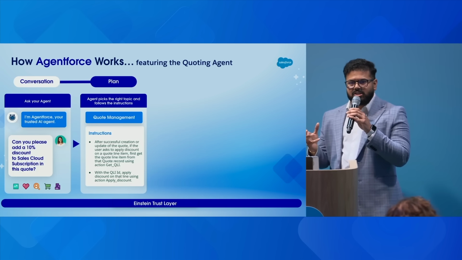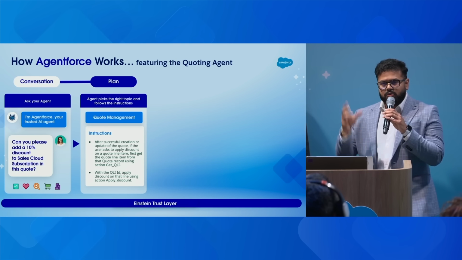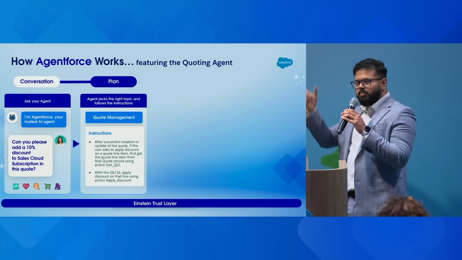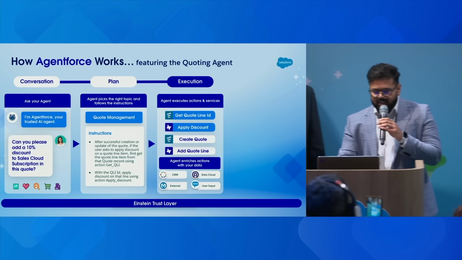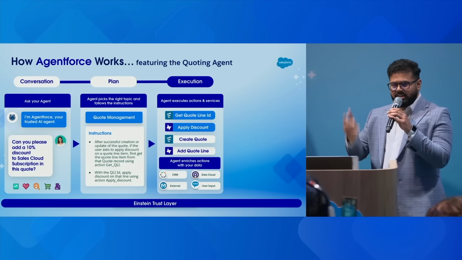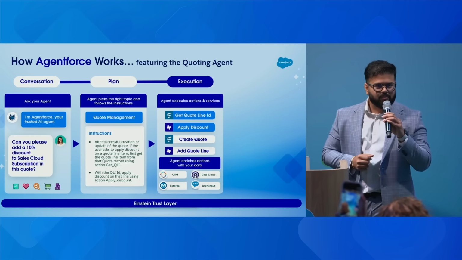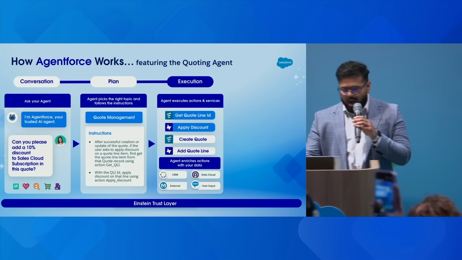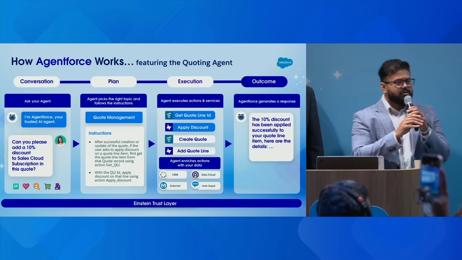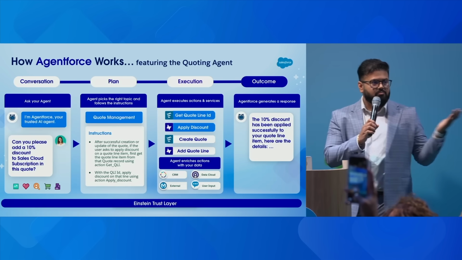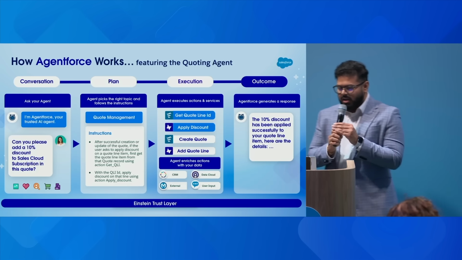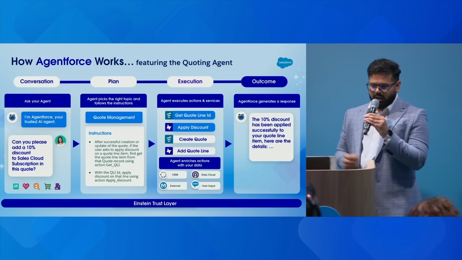There are so many actions available in Agentforce, so the instructions tie that prompt back to the action. And it's the APIs connected with these actions that make the magic happen on the Salesforce platform. Once the job is done, it returns the response to the user saying, hey, your 10% discount has been applied. So that is the process flow of the quoting agent.